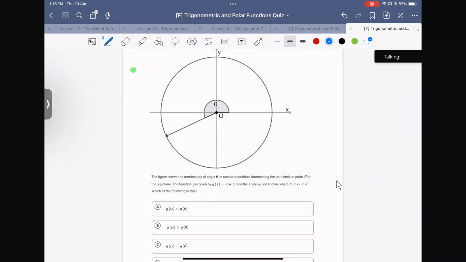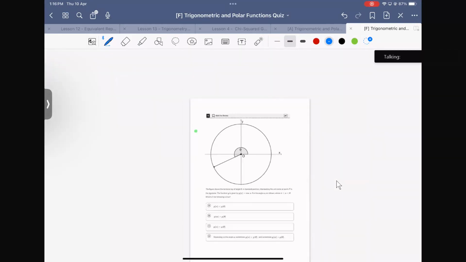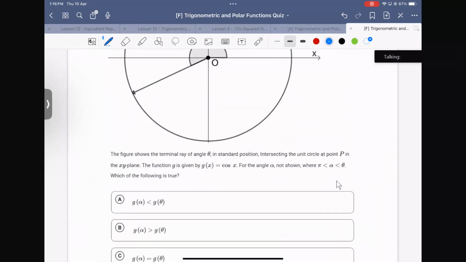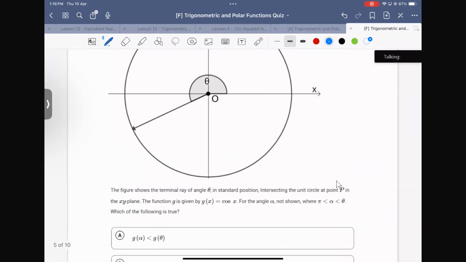All right. So here on this one, we've got the function g of x, which is equal to cos x, so the cosine value. And we've got our angle. We're on question 5 at this point. We've got our angle pi and theta, and theta is shown there. So there is pi, here is theta.